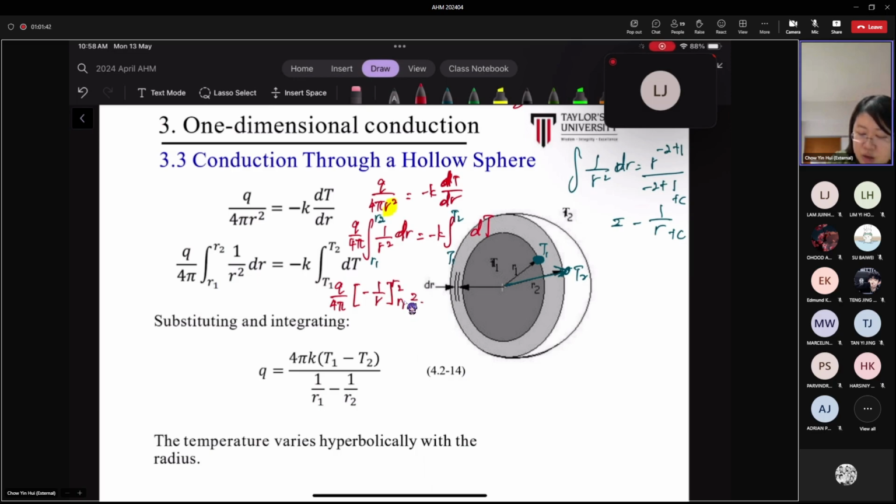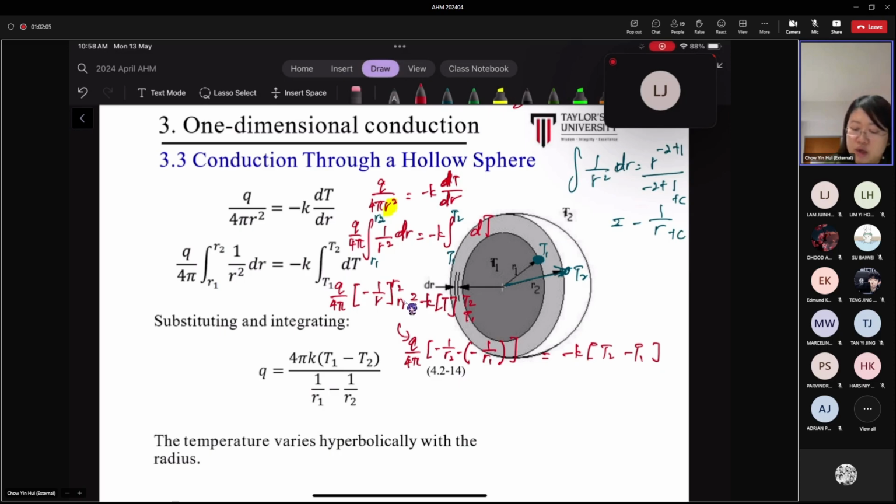On the right hand side is negative k, temperature T2, T1. Continue here: Q over 4 pi, you have negative 1 over R2 minus negative 1 over R1, and that equals negative k, T2 minus T1.